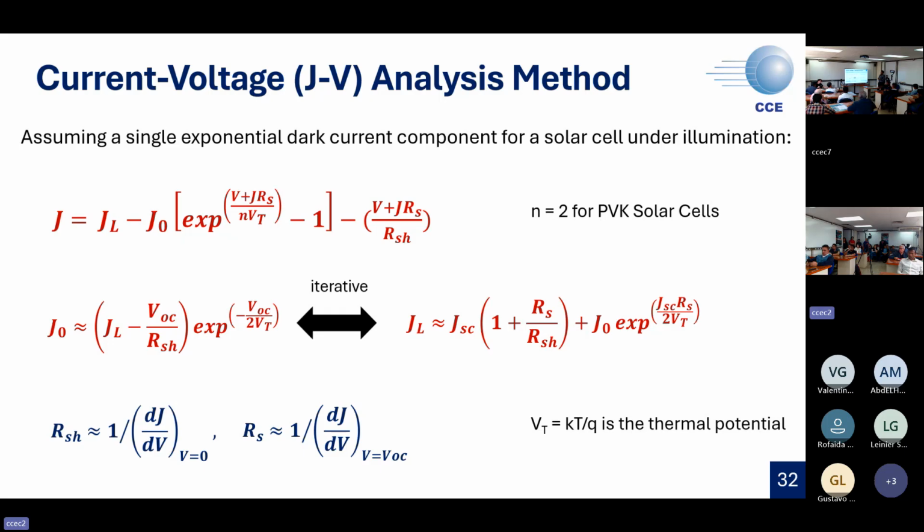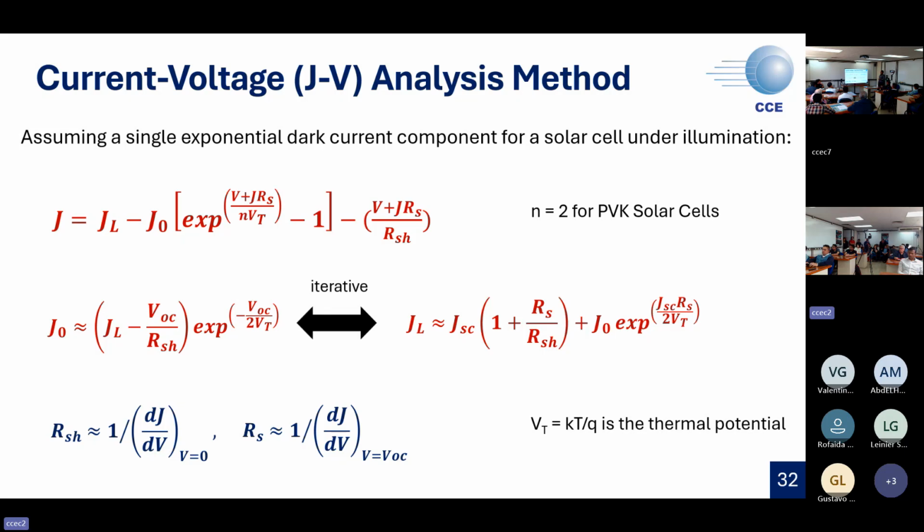We use an iterative method to obtain a value of J0, and use the value of J0 in the equation of JL. With a similar process, with the new JL value, we return to the first equation, and with 2 or 3 iterations we obtain appropriate values for J0 and JL.